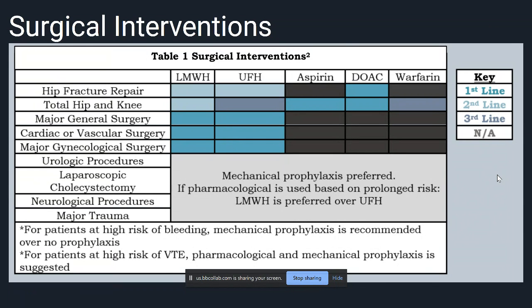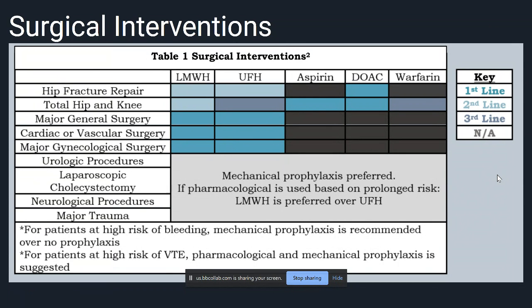For major general surgery, cardiac or vascular surgery, and major gynecological surgeries, your first-line agents are low molecular weight heparin or unfractionated heparin. For urologic procedures, laparoscopic cholecystectomies, neurological procedures, or major trauma, mechanical prophylaxis is preferred.